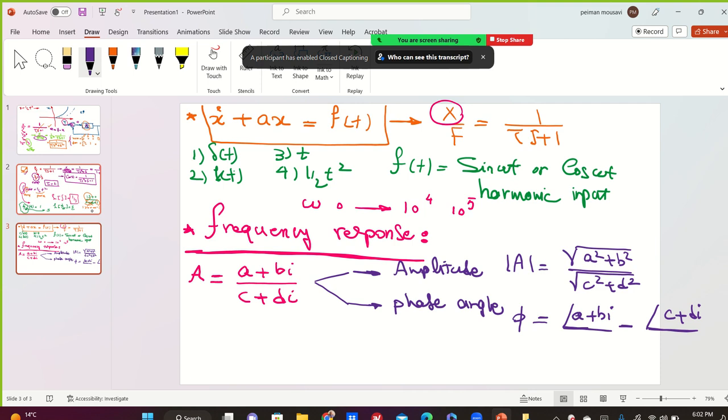This means phase angle. So it's very easy, guys. Look here.